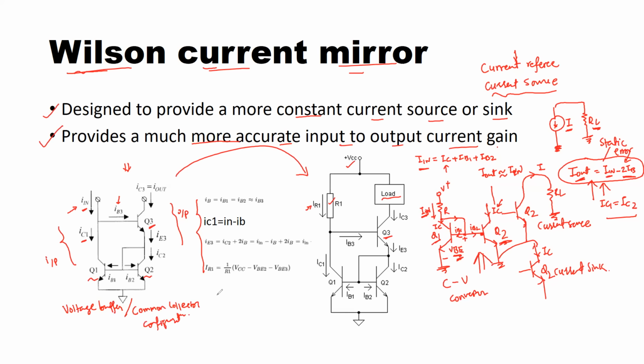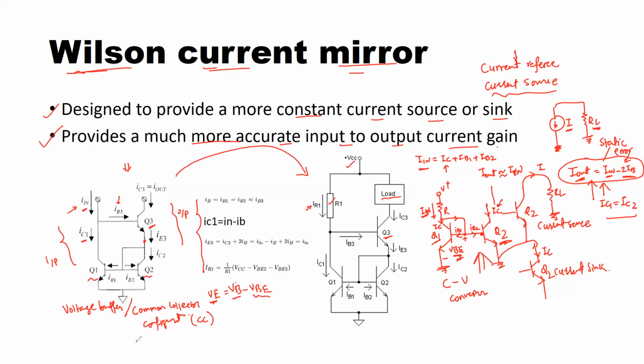In the common collector configuration, CC mode of the transistor, we know that the voltage at the emitter is the voltage at the base minus the base emitter junction drop of the transistor. So the emitter voltage follows the base voltage approximately, but it will always be less than the voltage at the base by one base emitter junction drop.